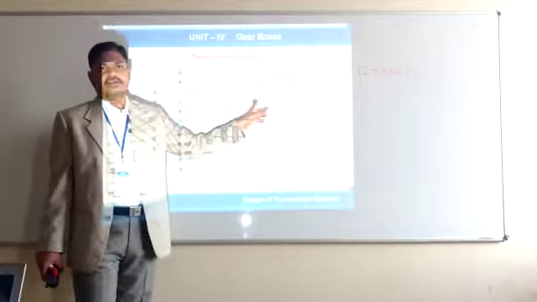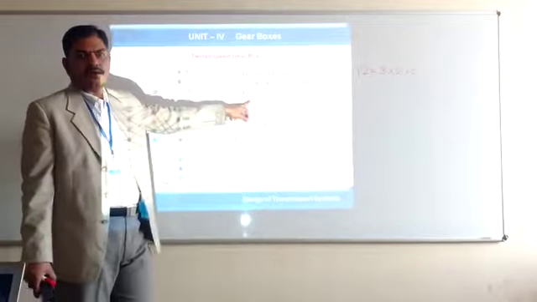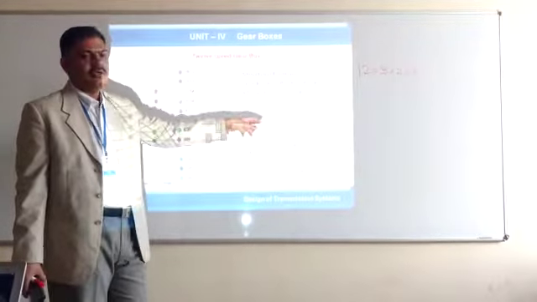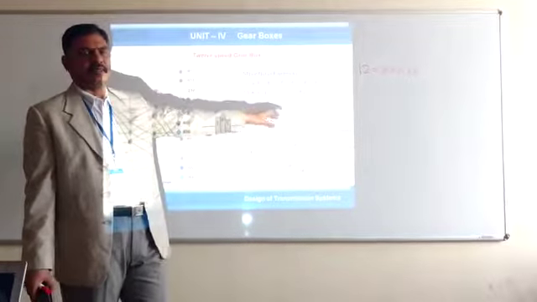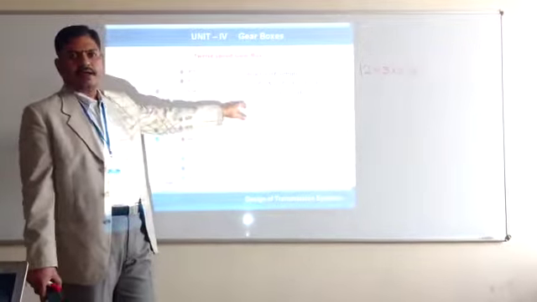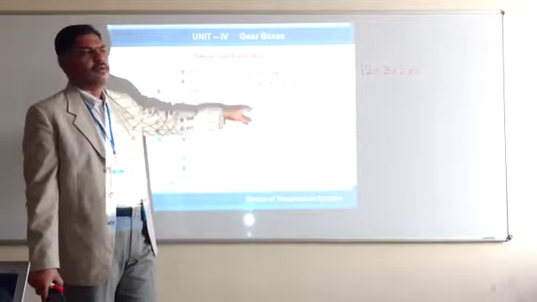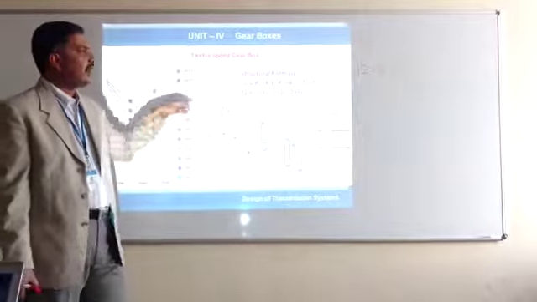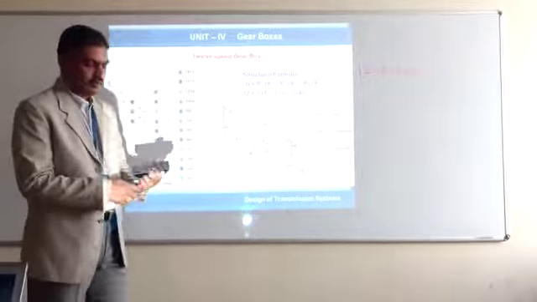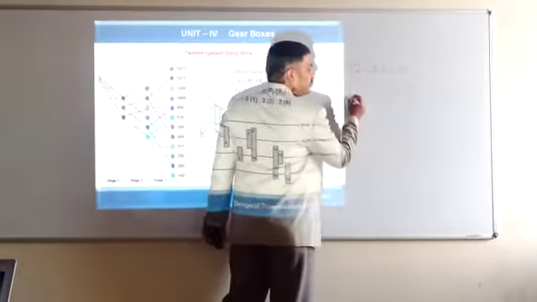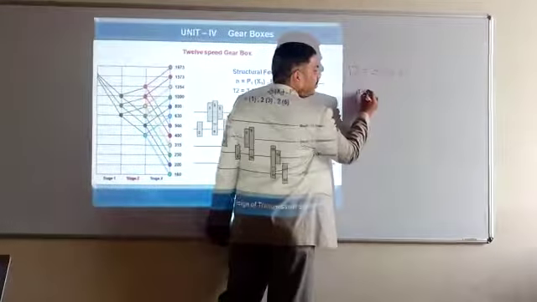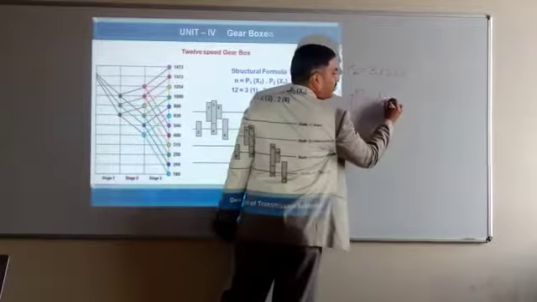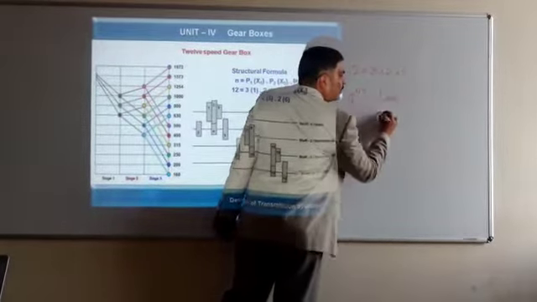We know that x1 is 1, the spacing in the first stage, and the spacing in the second stage is p1, which is equal to 3, and the spacing in the third stage is p1 into p2, which is 3 into 2 equal to 6. So the structural formula gets arranged like this: 12 equal to 3 of 1 into 2 of 3 into 2 of 6. This is the total structural formula of the gearbox.